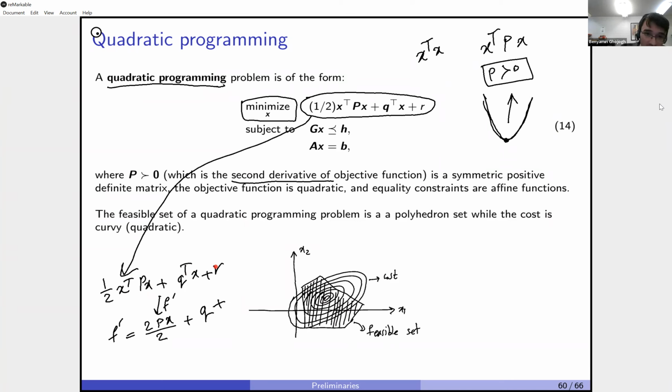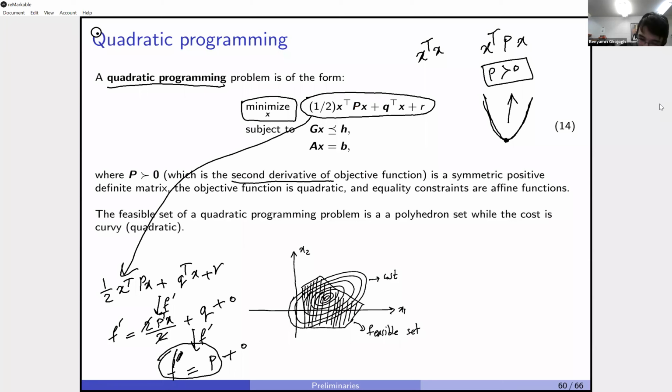And this is a constant, therefore its derivative is 0. Let's take another derivative, so it will be f double prime. Then we'll have p, its derivative is p, and this q, its derivative is 0. Therefore, the second derivative is p, right?